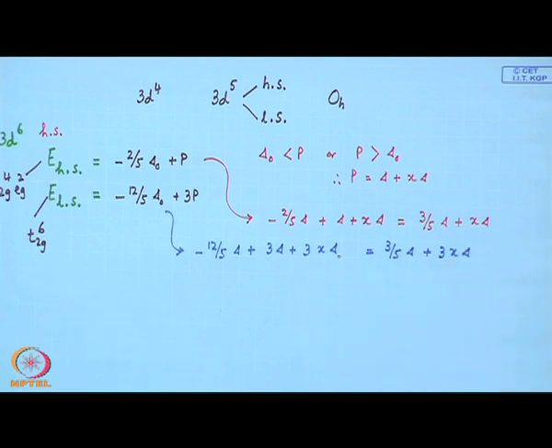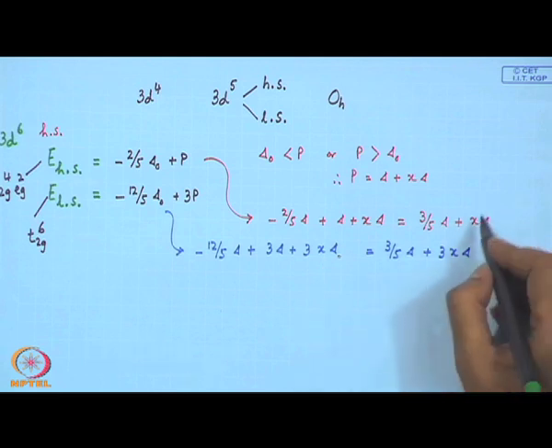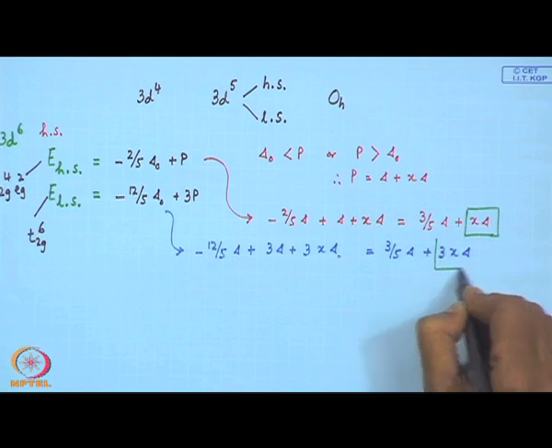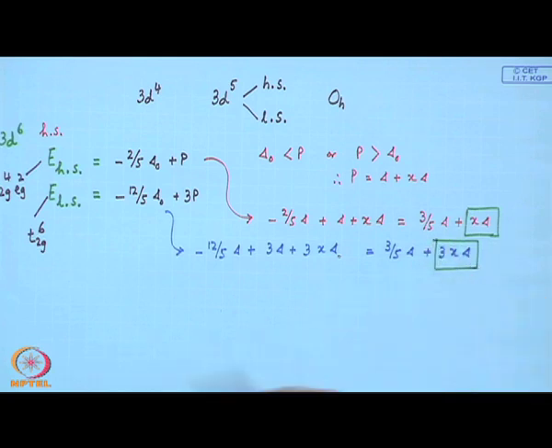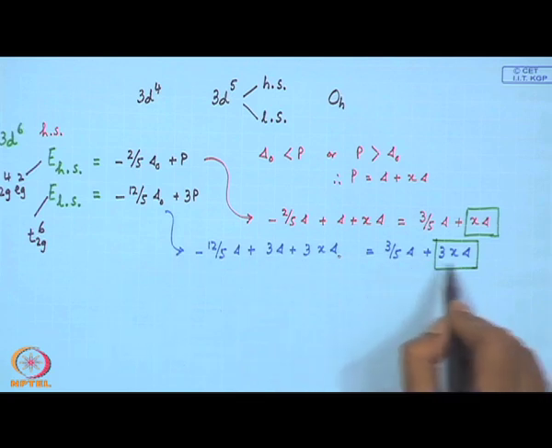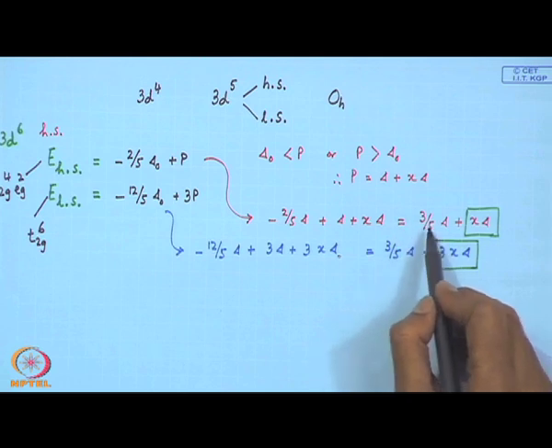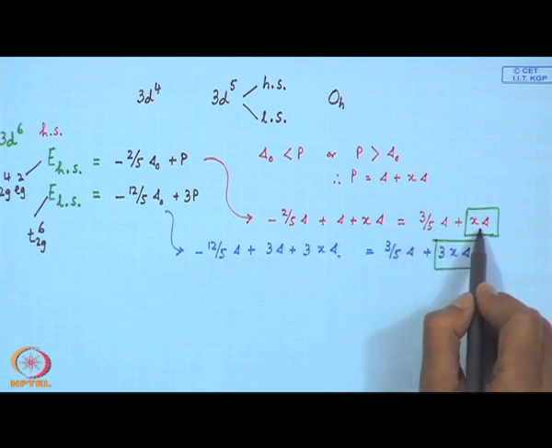What we see now is that both values can be compared by looking at the corresponding delta and x values. So, the low spin will have 3/5 delta plus 3x delta and the high spin has 3/5 delta plus x delta.